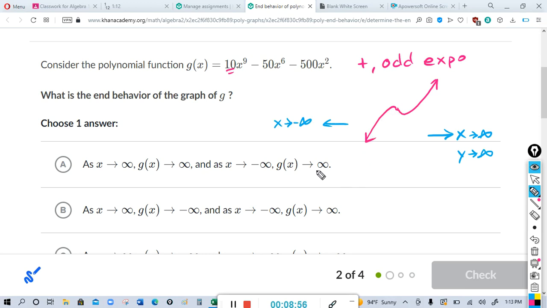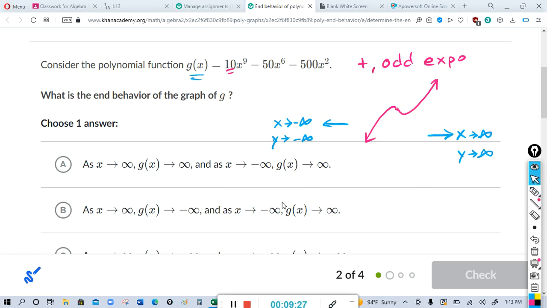It goes down, down, down. So y goes to negative infinity. So x goes to positive infinity, y goes to positive infinity. If x goes to negative infinity, which is this way, y goes to negative infinity as well. It just keeps going down. And don't forget, for y, you use g of x.